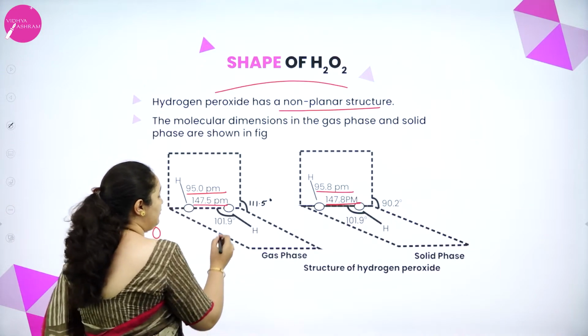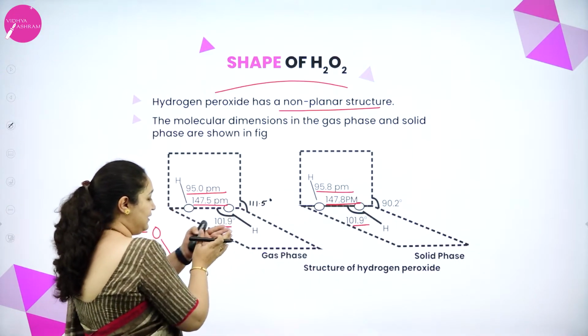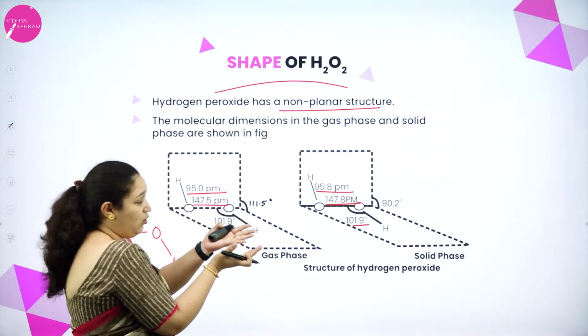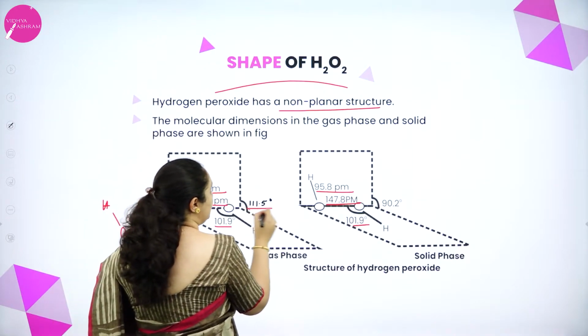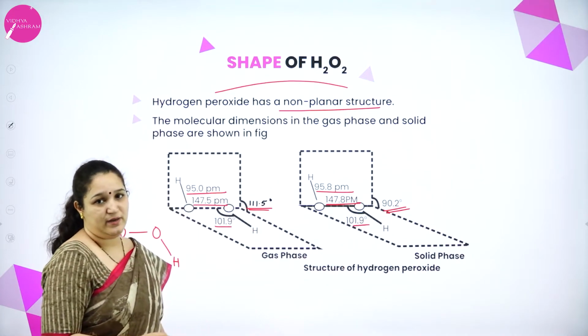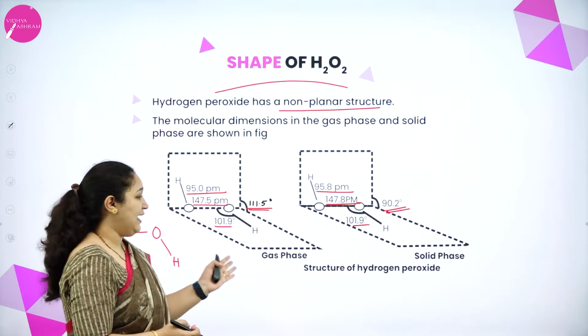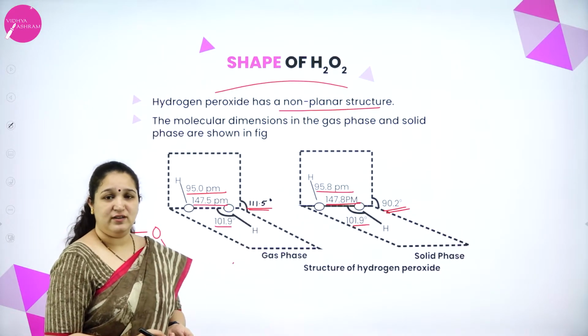Whereas angle, if you see, this angle is perfectly same, but here the other angle, that is the plane which is there, okay, that angle changes, that is 111.5 degree and here it is 90.2 degree. So that is the structure of hydrogen peroxide in gas phase and in the solid phase.